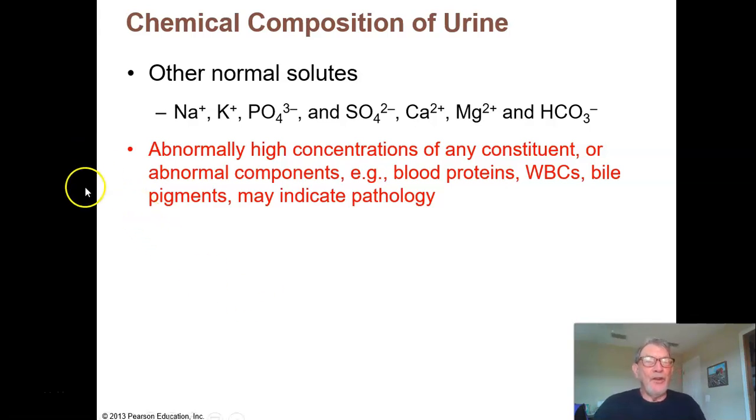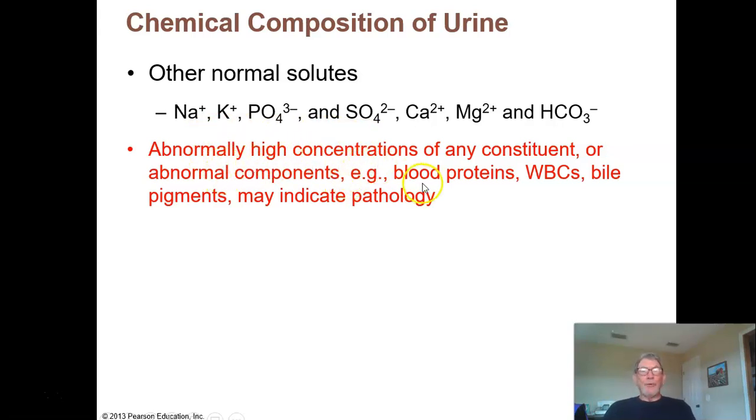And other things in there, you'll have sodium, potassium, some phosphates, some ammonia, some sulfates and calcium, magnesium, some bicarbonate, hydrogen ions. But you won't be measuring bicarbonate or hydrogen ions. You'll just measure pH. Okay? But abnormally high concentrations of anything could mean that you either overate that stuff or that you have something wrong with your kidneys.